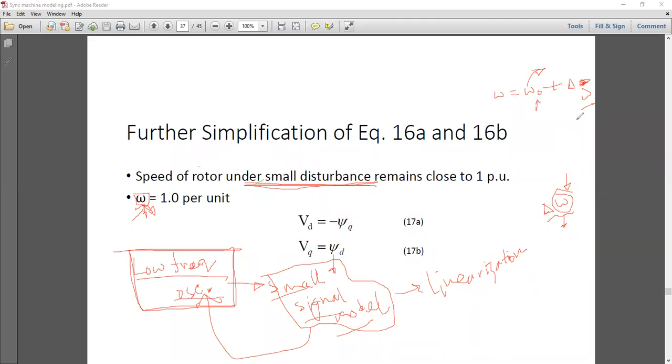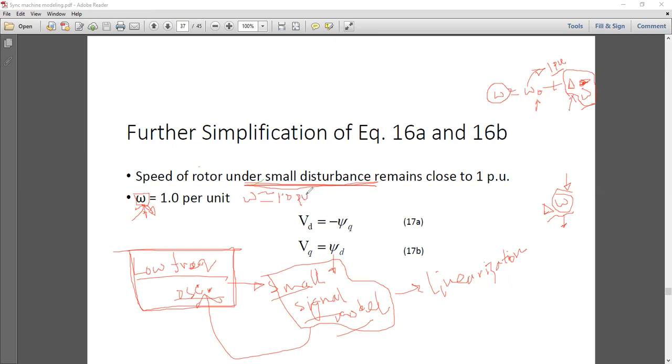Because it is a small signal model, we expect this del omega to be very near to 0, but not exactly 0. It is pretty small. What is omega naught? Omega naught is our base value. In per unit, it is 1 per unit. So omega is assumed to be approximately 1 per unit.